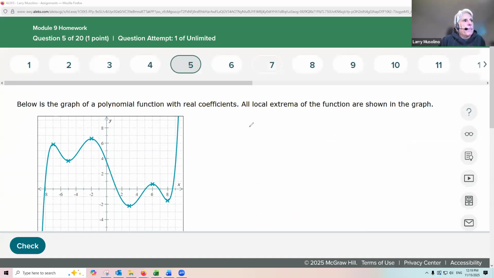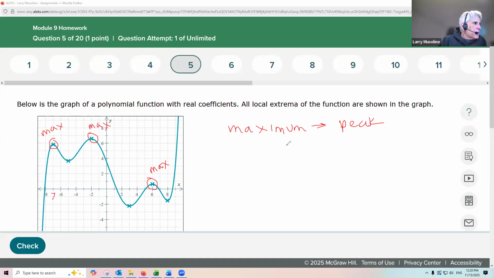You can think of it as the word maximum, a peak, the top of the roller coaster. Well, here's a max, here's a max, and here's a max. These points that I just circled all represent the top of a roller coaster, so to speak. So there's 3 maximums here.